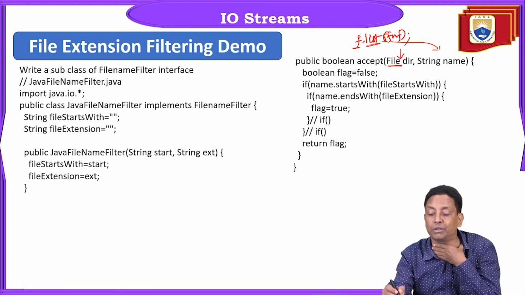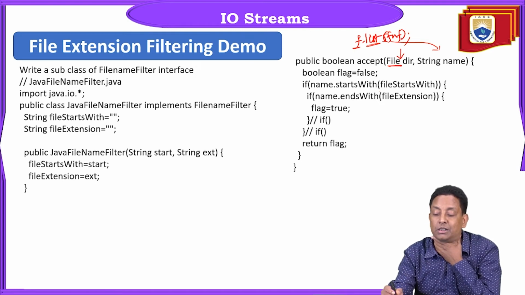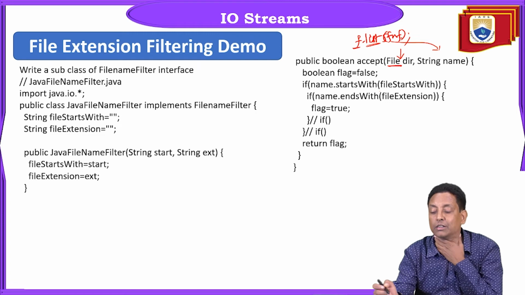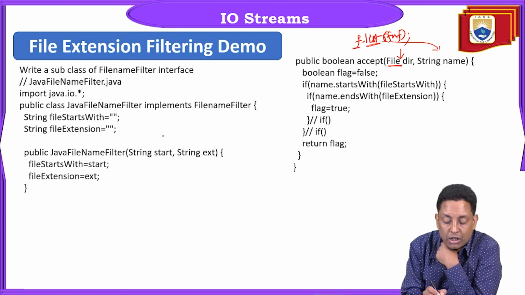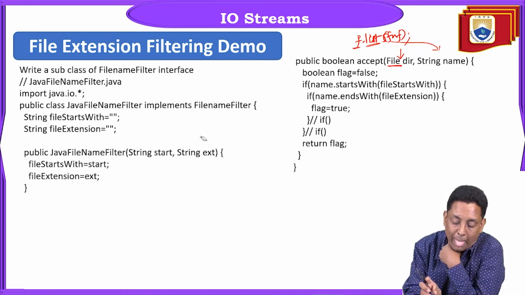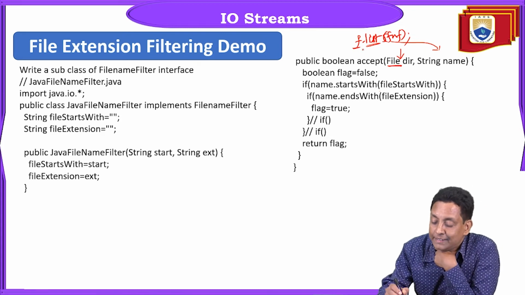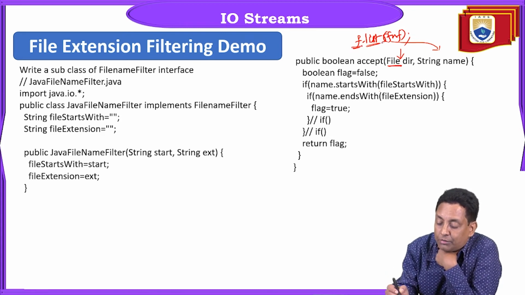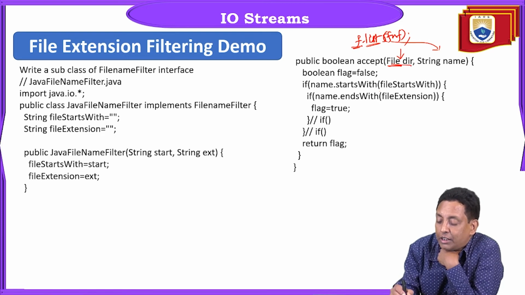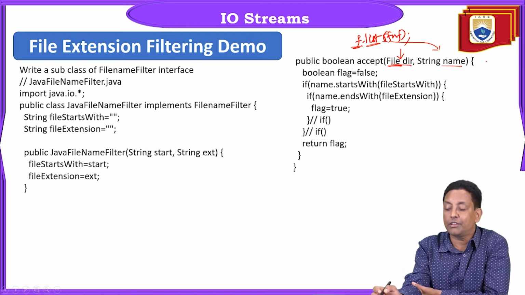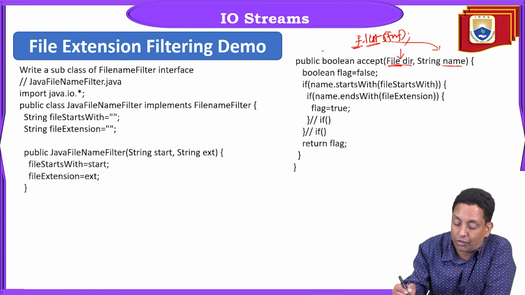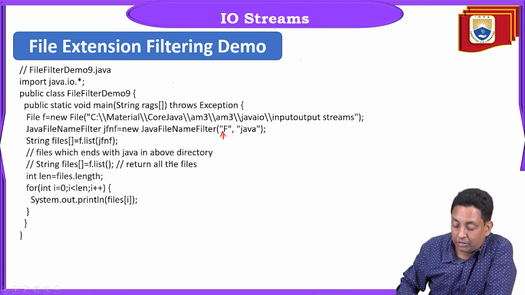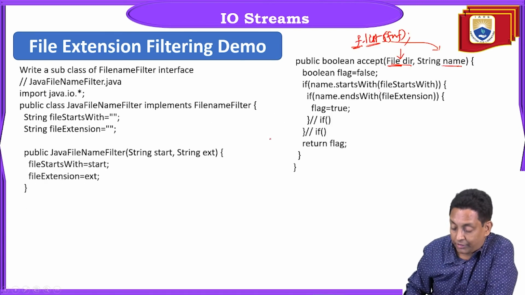And then, to call the accept method from this file object dot list method, we are passing the file name filter class object. The file name filter class object already has two arguments: with which starting character the file should start and with which extension the file should end. So this list method will call the accept method. This file object, the directory, and each file in the directory are passed as arguments here. Here we are checking if the name starts with whatever we passed, the F here, and then ends with the Java extension or not.